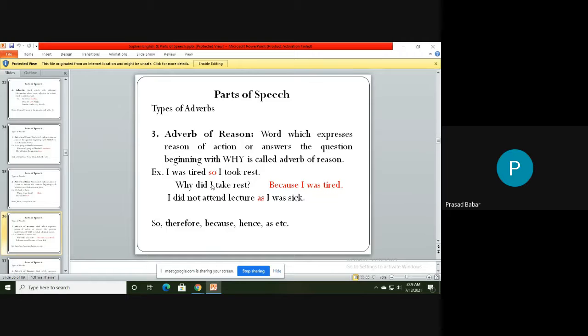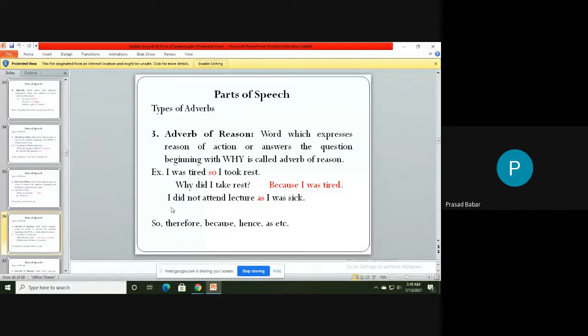Why did I take rest? Then it will answer because I was tired. In this example, so is the word which indicates the reason behind that action, and that is why so is called an adverb of reason.